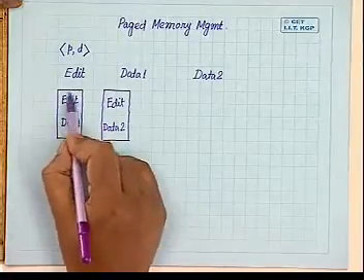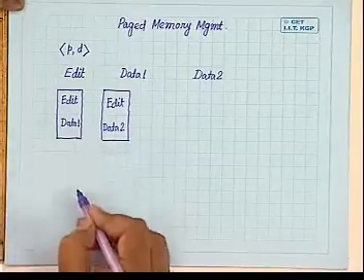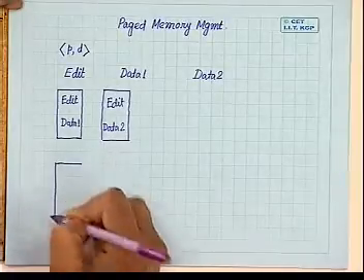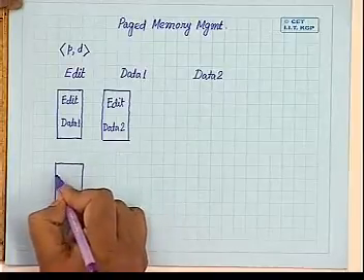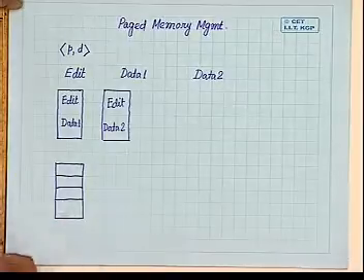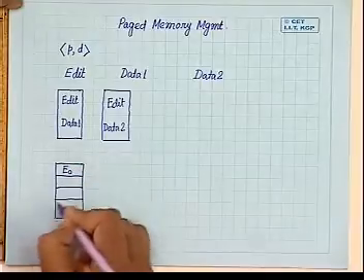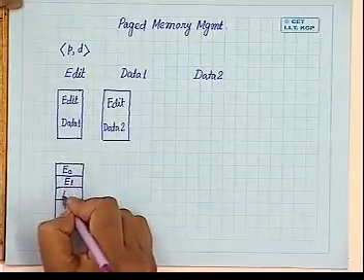So if I break this logical address space of user 1 into a number of pages, it can appear something like this. I'll have a number of pages for edit. So for edit, I can put it like this: say page number 0, E0, then E1 and E2.